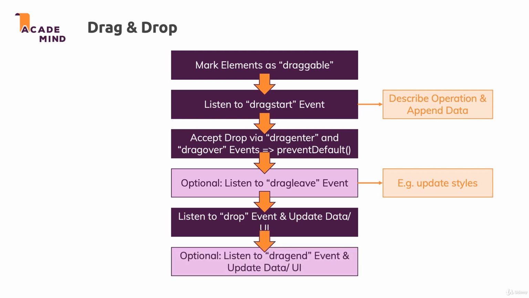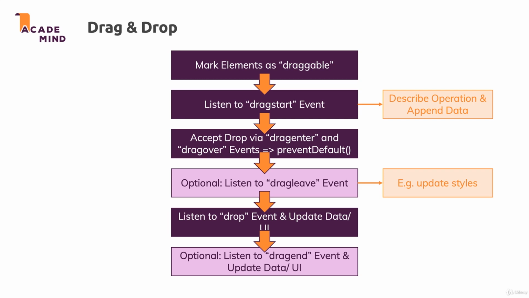You also optionally can then listen to a drag end event, not on the place where it was dropped, but on the dragged element itself. And there you could also then update the UI or some data, whatever you want to do. The drag end event is always fired, even if the drop is cancelled, so if the element was dropped in an invalid area. But as I will show you, you'll get some property on the event object, which tells you whether the drop was successful or not. So that's the theory.